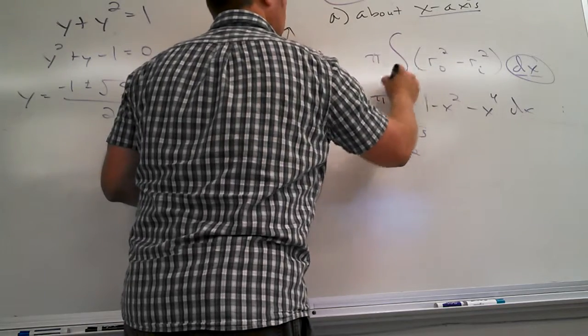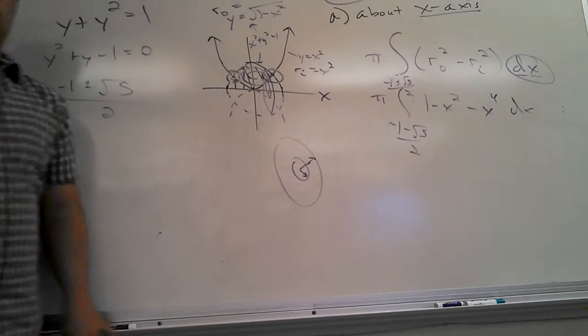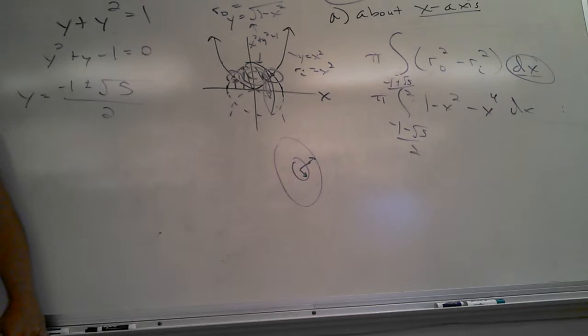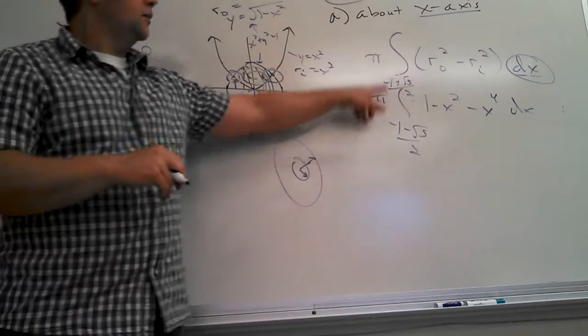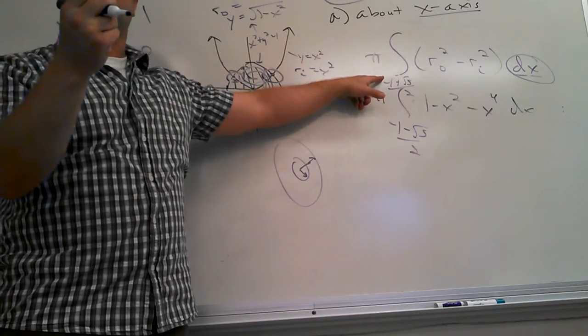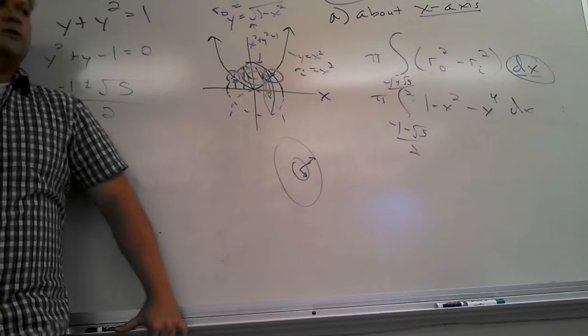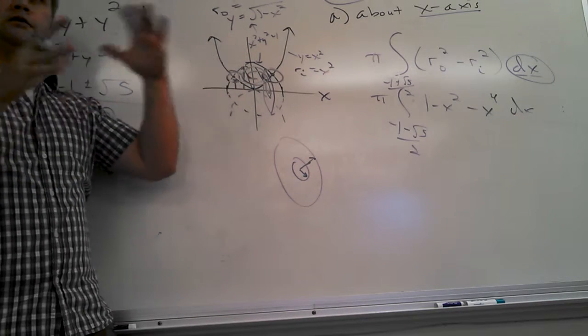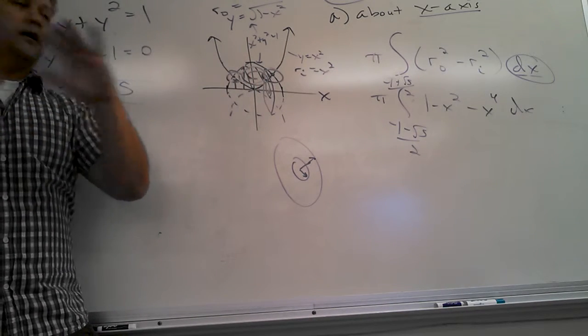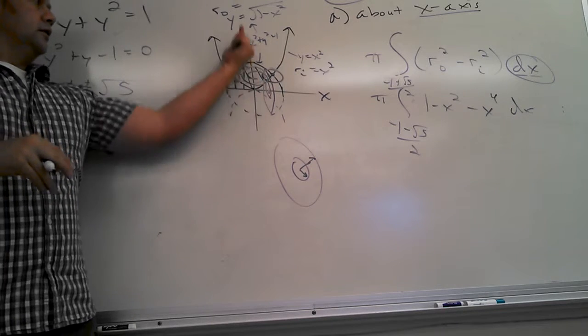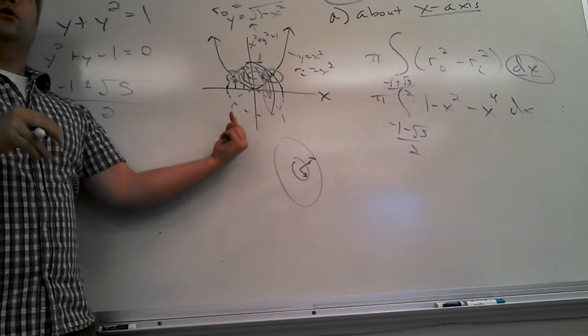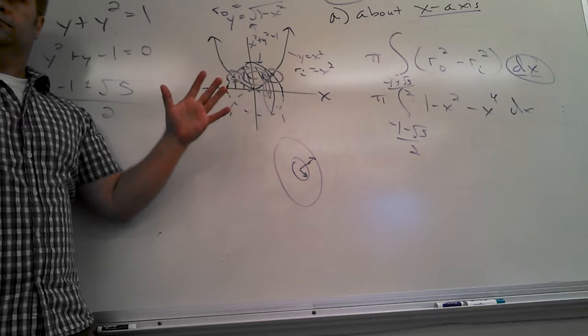-1 plus root 5. Can we take it from 0 to positive? Yes, so you could use symmetry if you wanted to and make it 0 up to this and then just double whatever you get. Now you got to be really careful, especially with volumes. Sometimes the symmetry is broken based on the axis they use. In this case, it's symmetric to the y-axis, so that'll work most of the time.